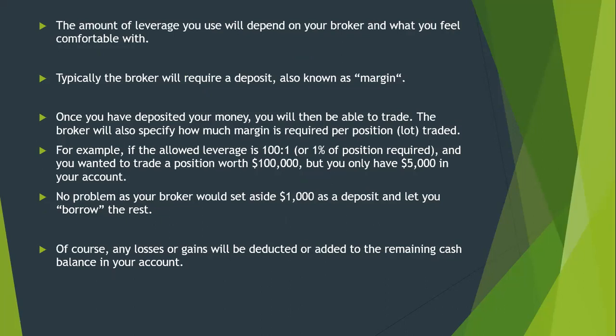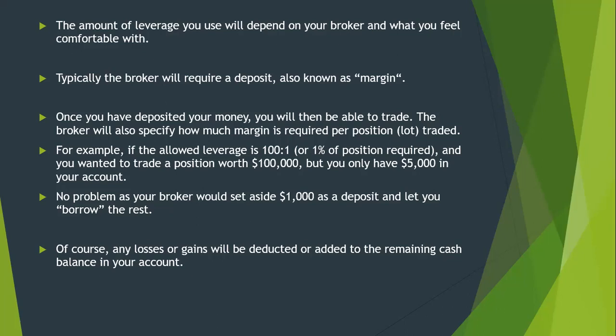The amount of leverage you use will depend on your broker and what you feel comfortable with. Typically, the broker will require a deposit, also known as a margin. The margin is what we know as our initial capital that we deposit in our accounts. Once you have deposited your money, you will then be able to trade. The broker will also specify how much margin is required per position or lot traded.